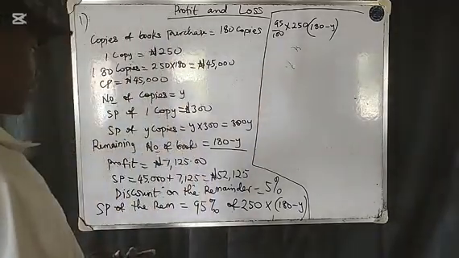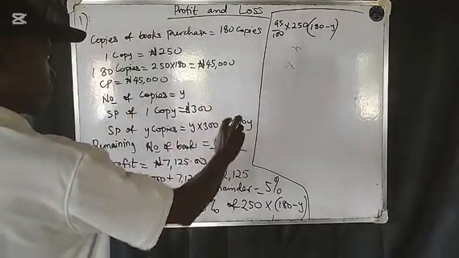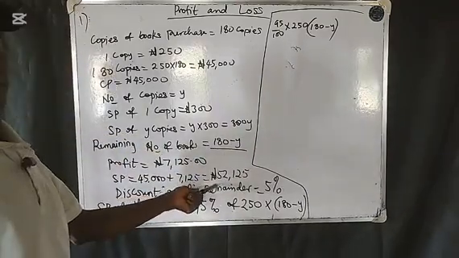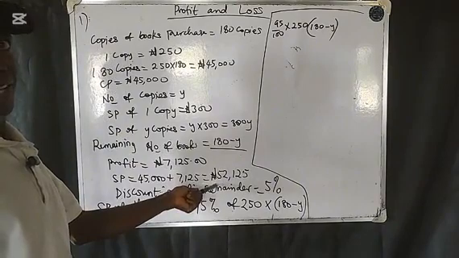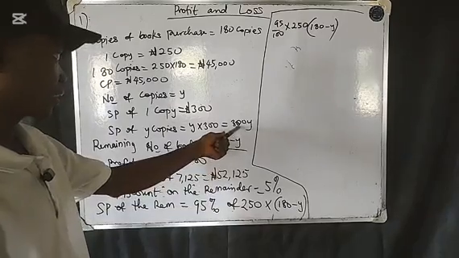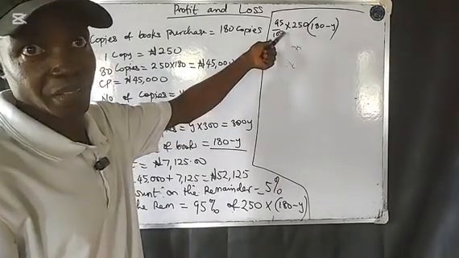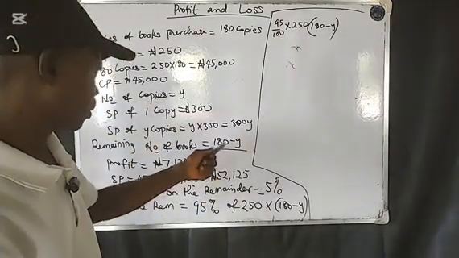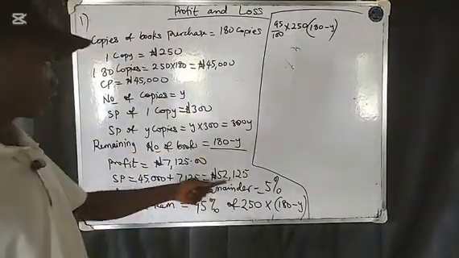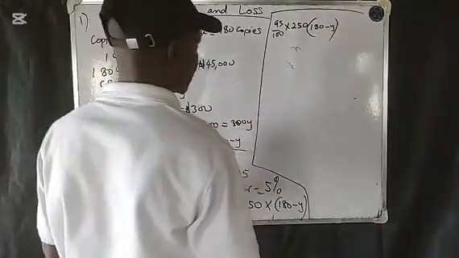So this one plus this one should give us the total selling price. Selling price of y copies is this one, the selling price of the remainder is this one, so this number plus the one we are going to get here should give us this value. Good. Let's find this value first.